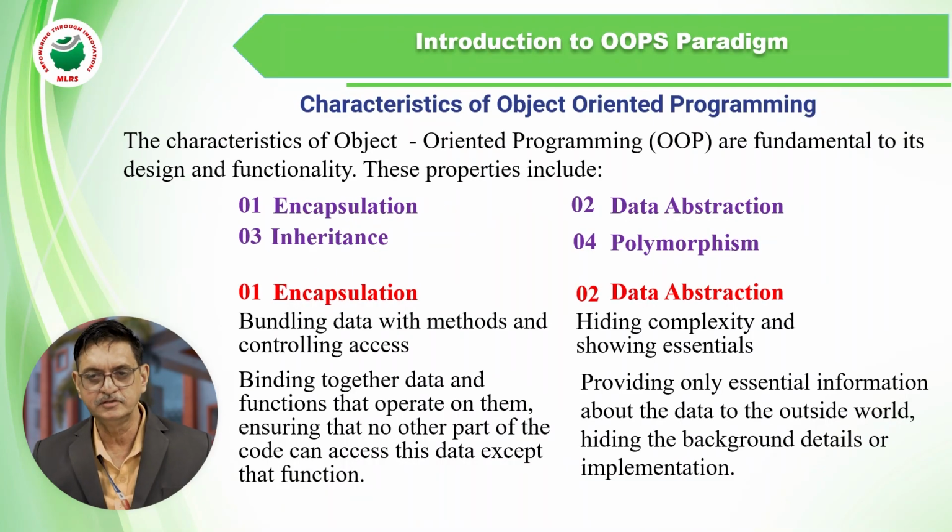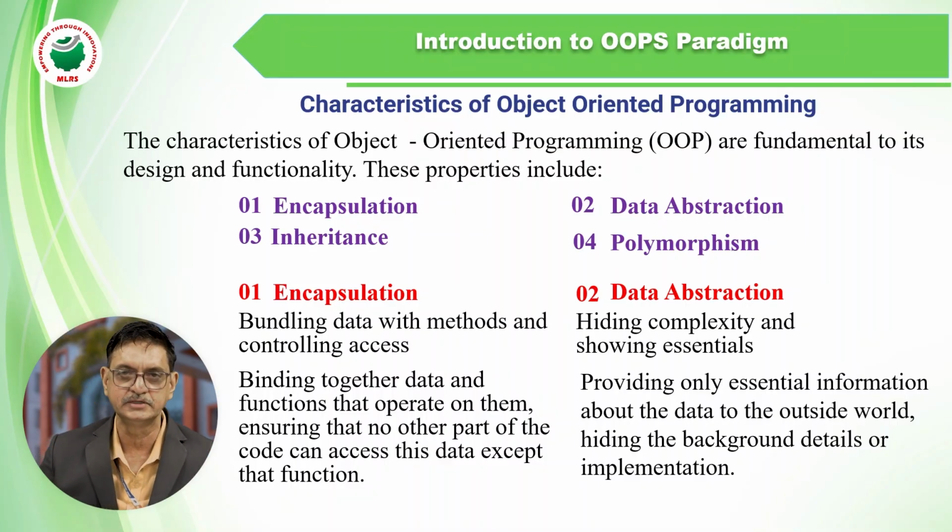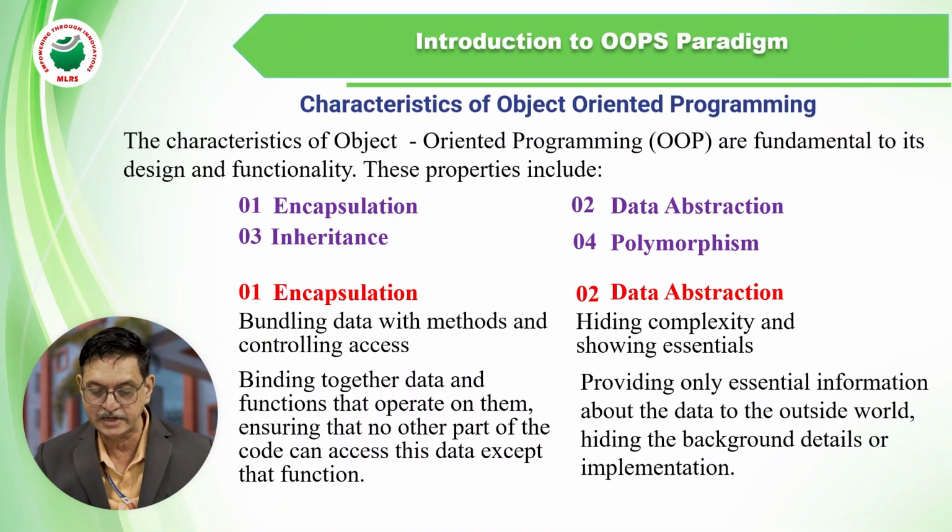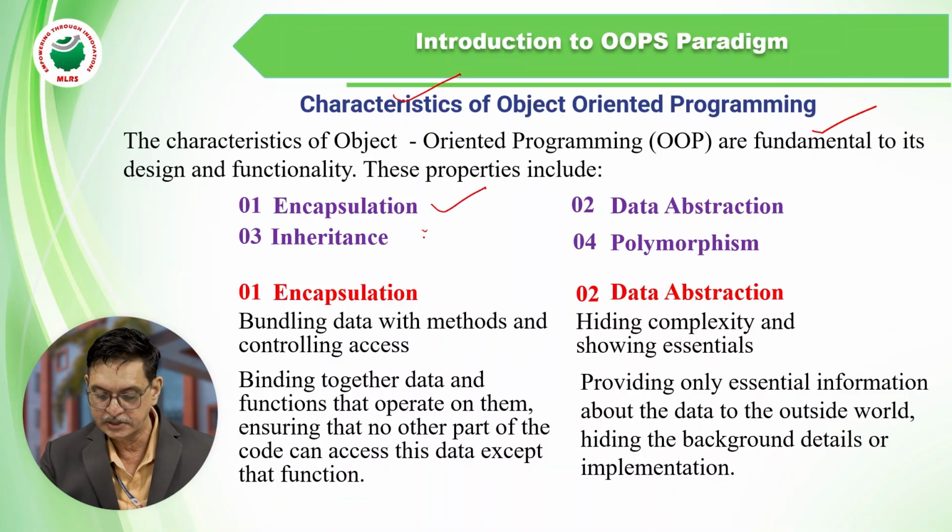Based on these real world entities, the requirement of developing huge projects or applications revolves around four different properties or characteristics of object-oriented programming. These characteristics are fundamental to the design and functionality of the application or project. They include encapsulation, inheritance, data abstraction, and polymorphism.